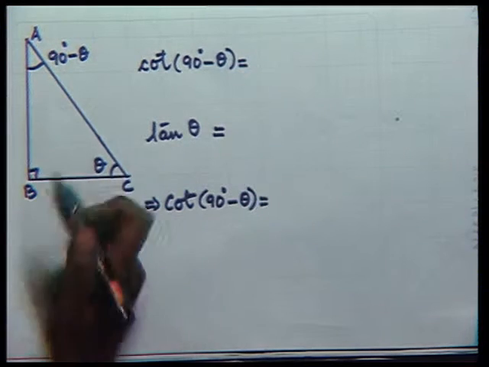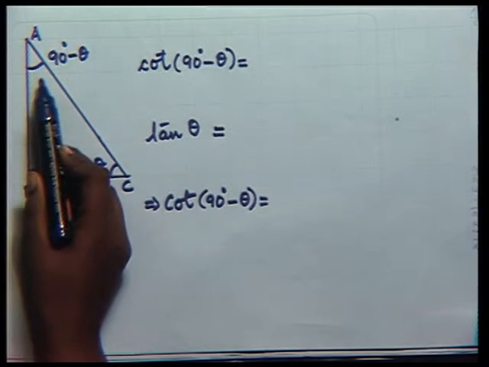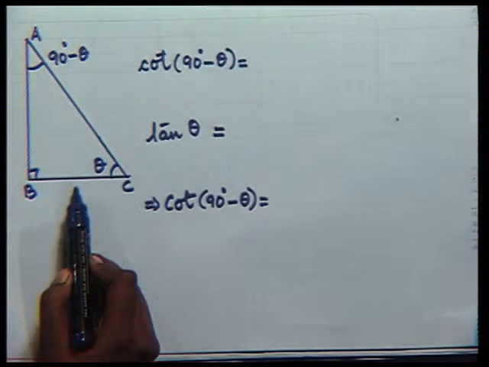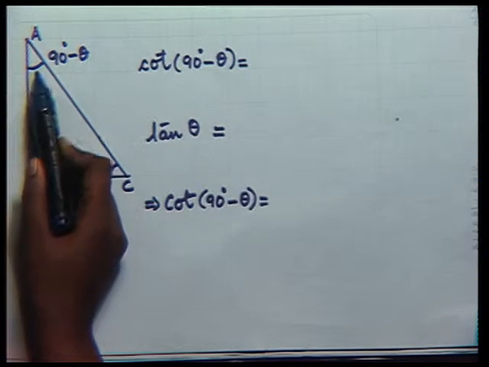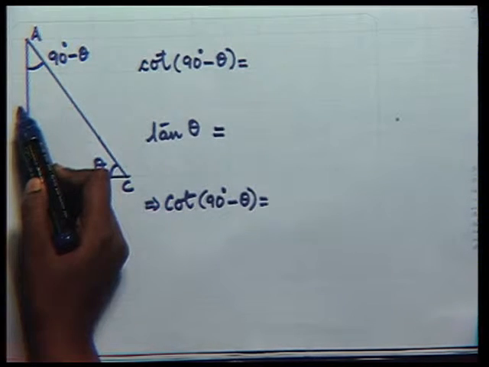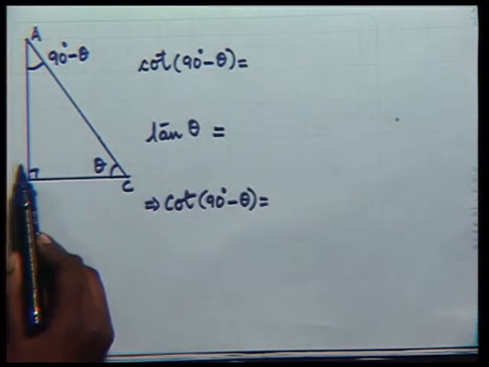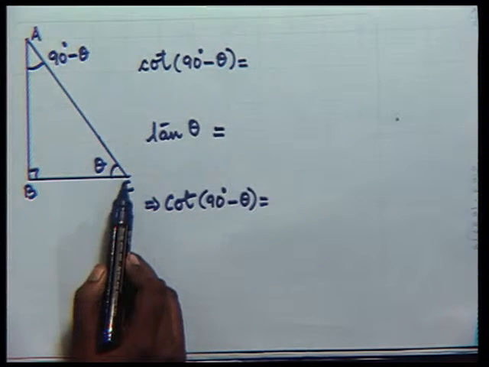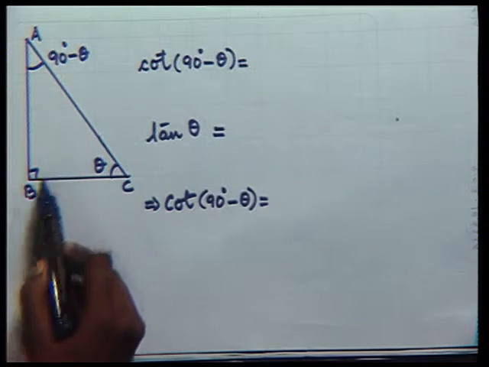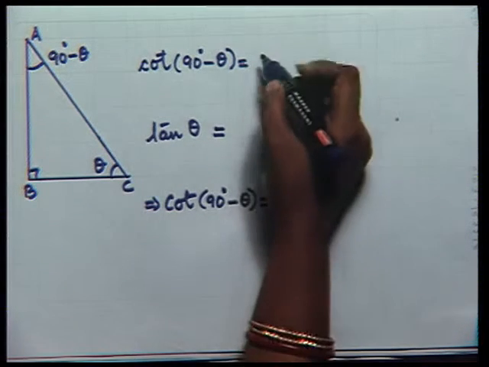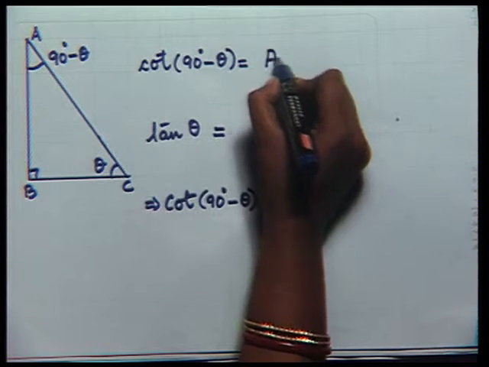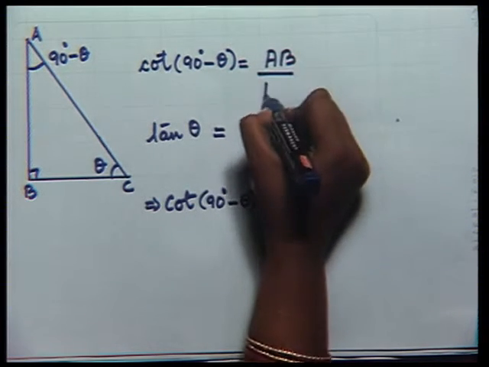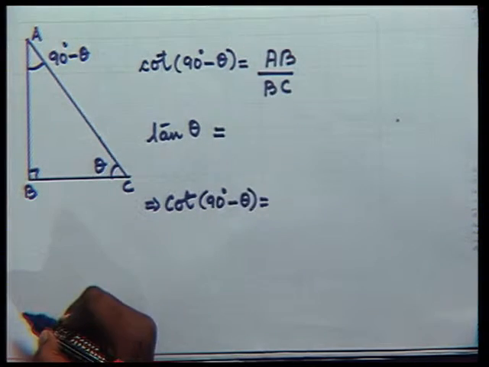Now, I am very sure you will be able to tell what will be cot (90 degree minus theta). It will be the side opposite to the angle under consideration, which is AB in this case, upon the side opposite to the angle under consideration, that is BC in this case. So, cot (90 degree minus theta) here is AB upon BC.